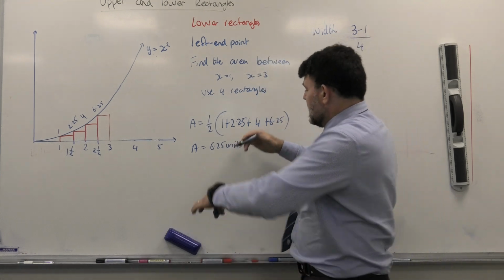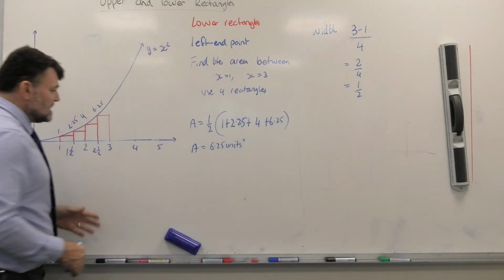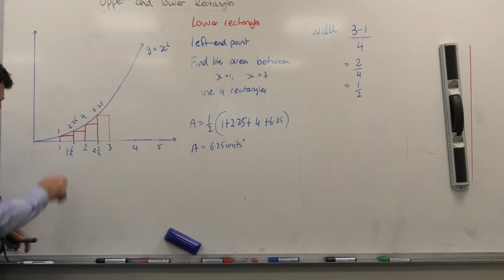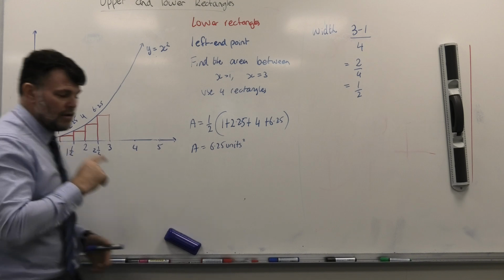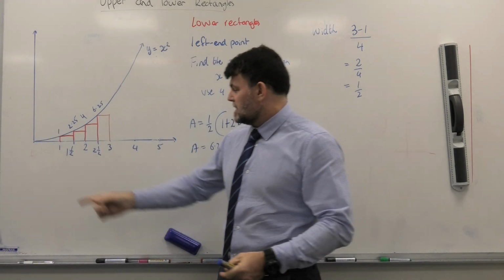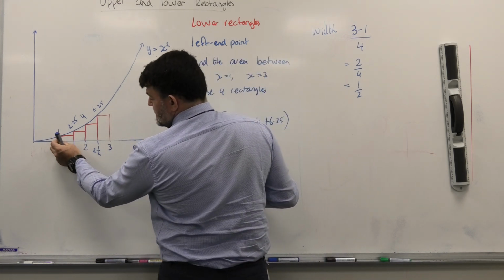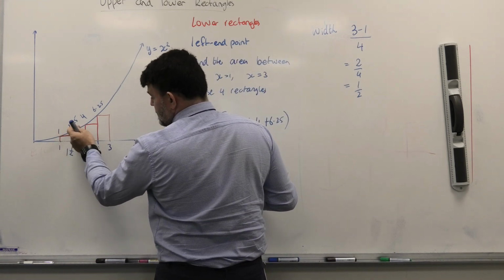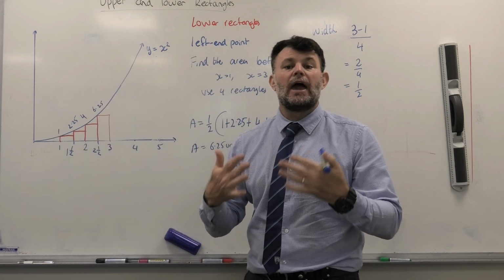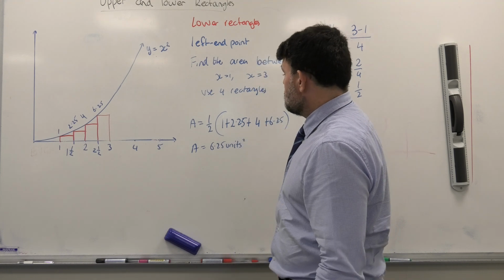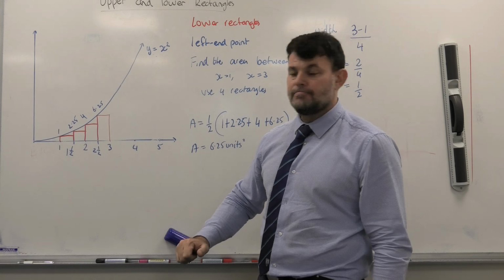Remember, this here is an estimate. Lower rectangles are telling me that this is not going to be as accurate as possible because you can see I have gaps between each of these rectangles and the curve. So if I increase the number of rectangles, then the width is going to decrease, and therefore this little gap between the curve and the rectangle will decrease, so my accuracy for the area will increase.